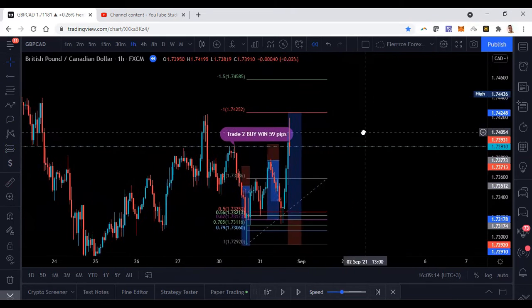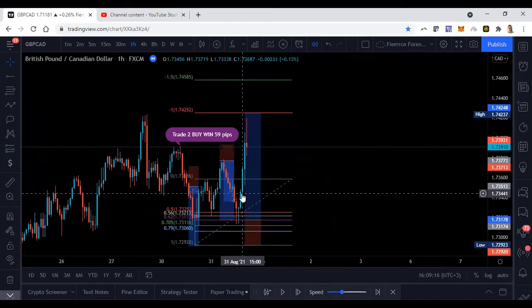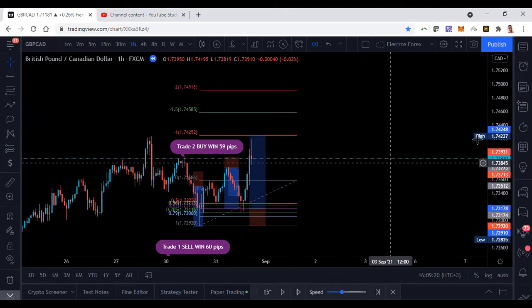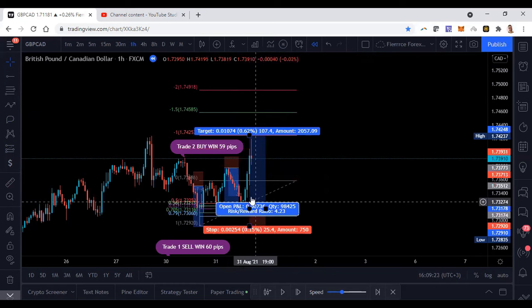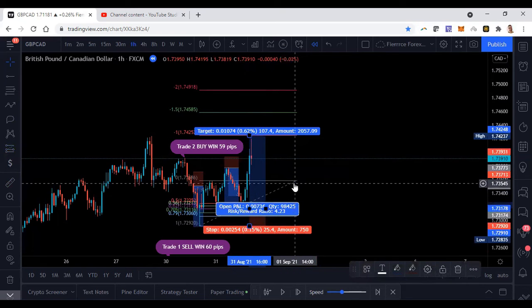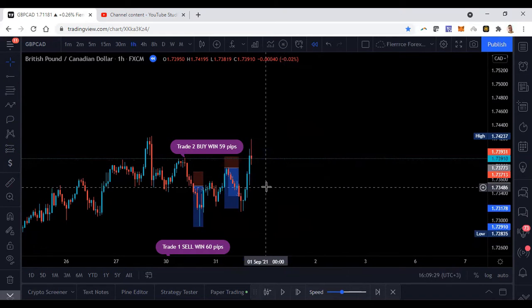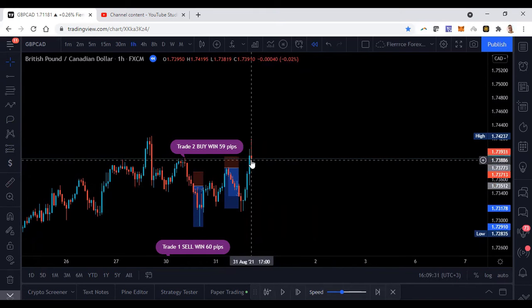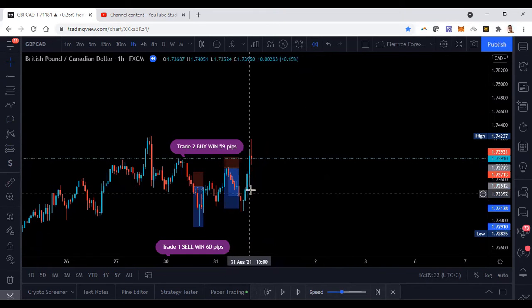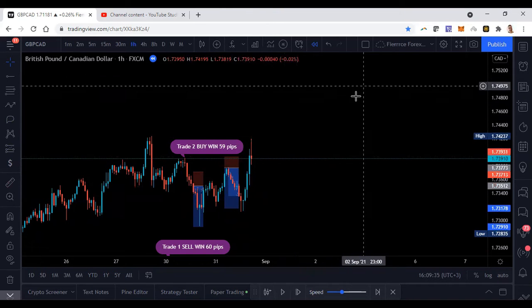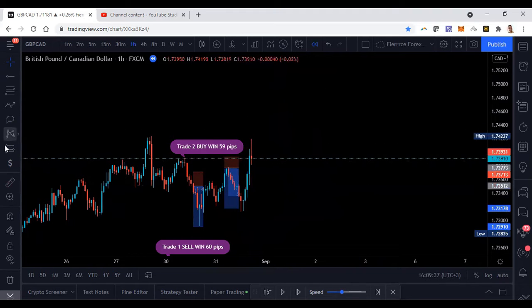So now we are looking bullish, okay? I think there is potential. So let me see what happens here. We didn't take that trade, we missed it. But this is actually looking very bullish.